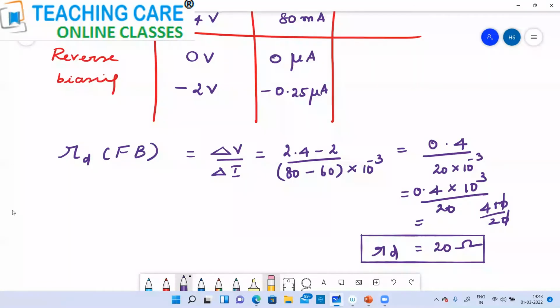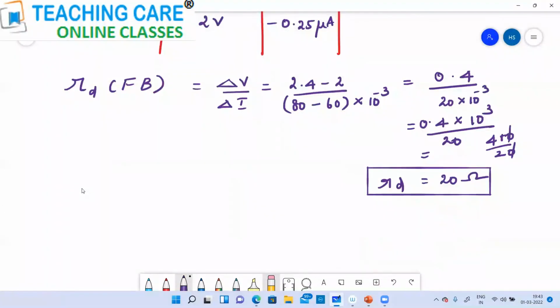I'm getting 4 into 10 raised to the power 6. Power is correct. So it is 8, sorry, 8. Okay, 8 means 8 into 10 raised to the power 6. So correct. Okay.